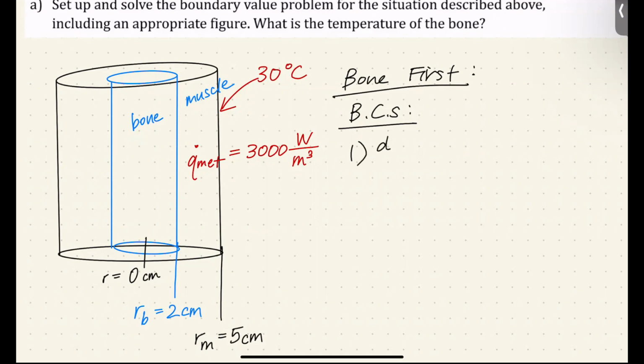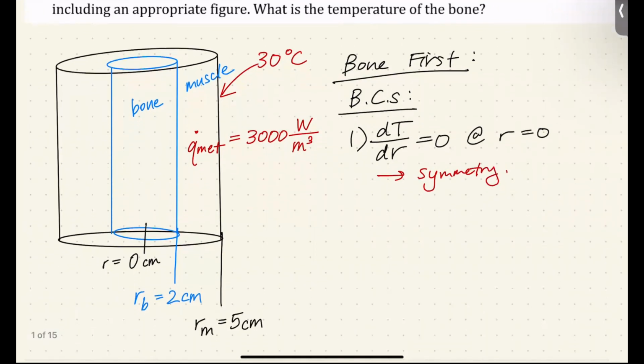We know dT/dr equals 0 at r equals 0, and that is by the symmetry condition. Sorry, I was struggling there for a second.